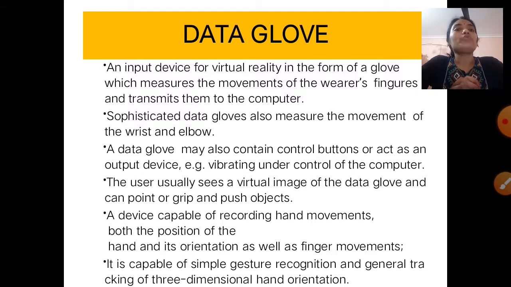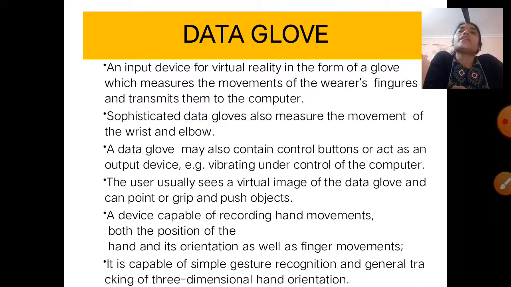A data globe may also contain control buttons or act as an output device also, that is vibrating under control of the computer. The user usually sees a virtual image of the data globe and can point or grip and push objects.